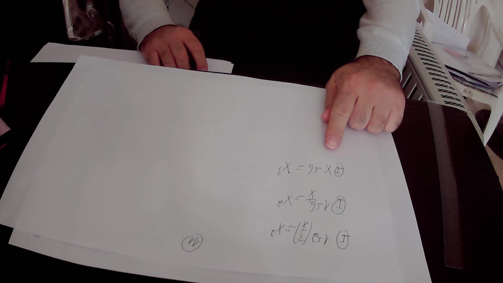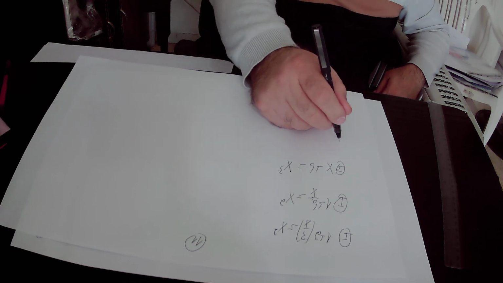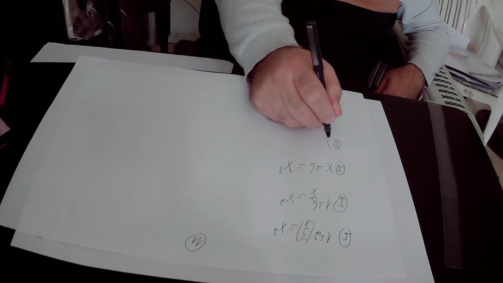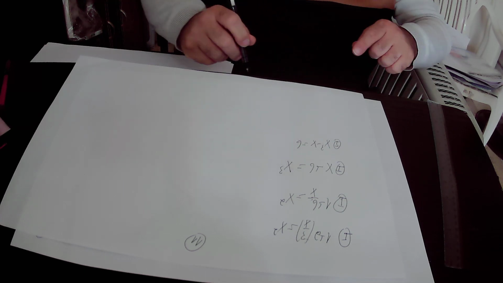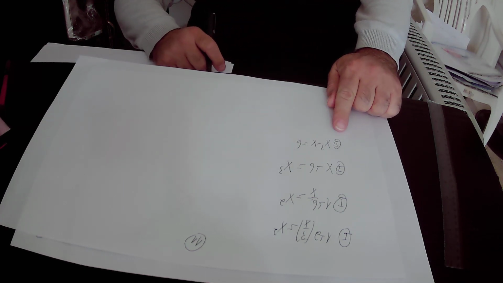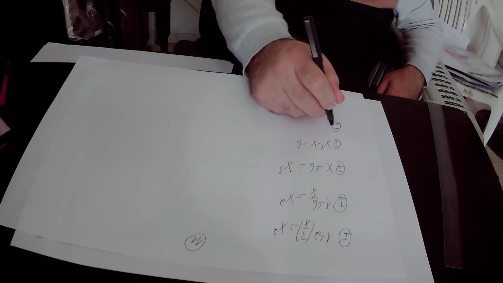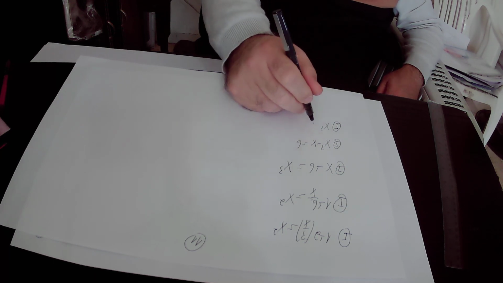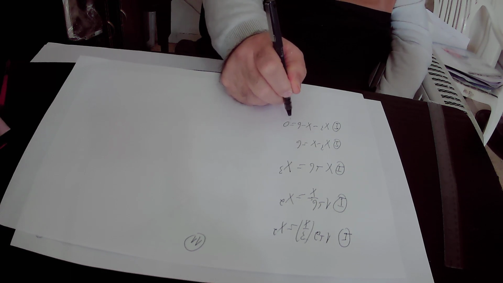So here we will subtract x and we will get that x cubed minus x equals 6. Here we will subtract 6 and we will get that x cubed minus x minus 6 equals 0.